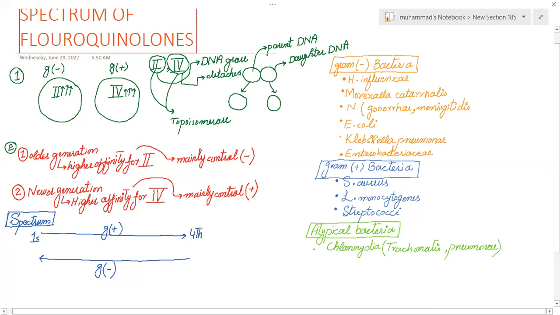And it is said that atypical bacteria are also controlled by newer fluoroquinolones.